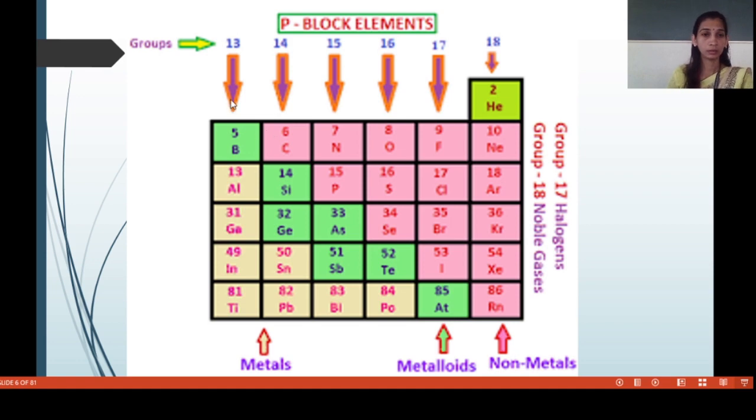Group 13 is the boron family, group 14 is the carbon family, and group 15 is the nitrogen family. These are all seen in the 11th class. Now P block elements 16, 17 and 18 are discussed in this chapter.